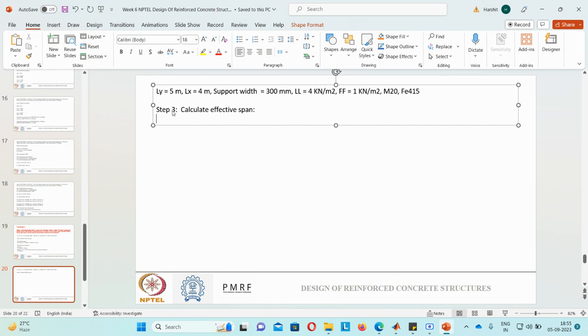So effective span will be nothing but clear span plus effective depth, or center to center distance between supports.